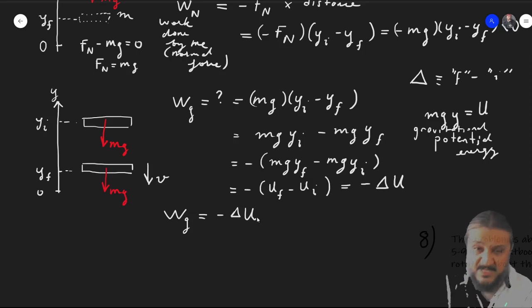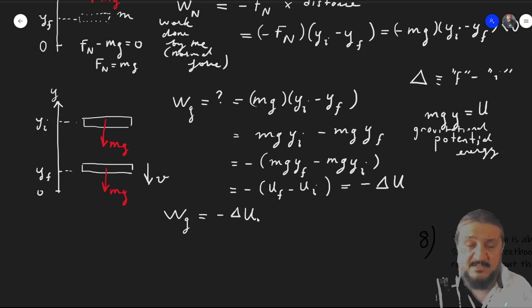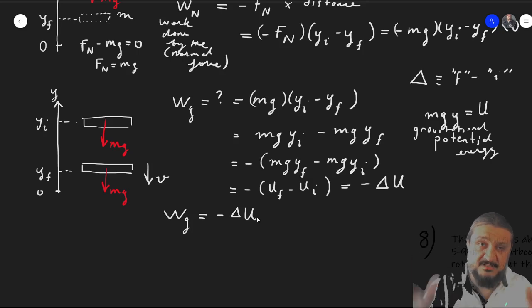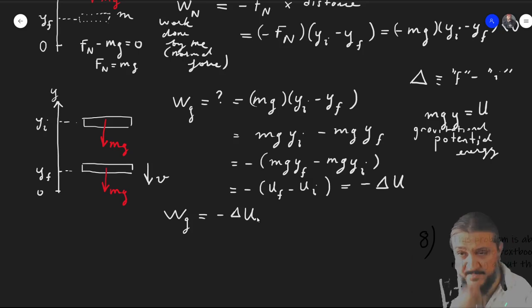What I mean is whenever you see work done is equal to the negative of the change in the potential energy, that applies to a special class of forces. Otherwise, we would not be able to call it the potential energy to begin with. Those are called conservative forces, which means there are also non-conservative forces.